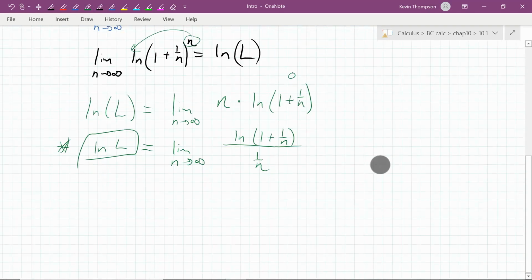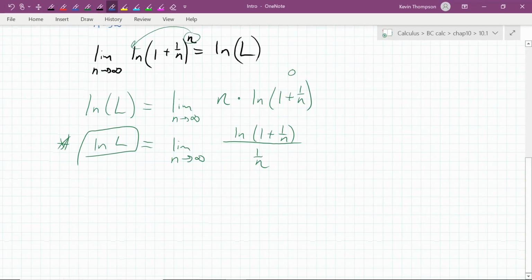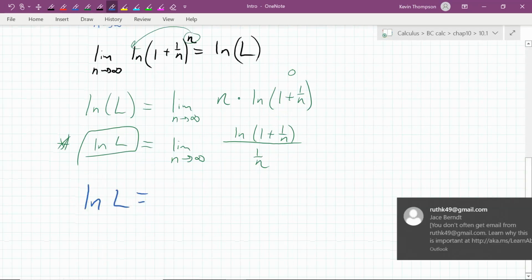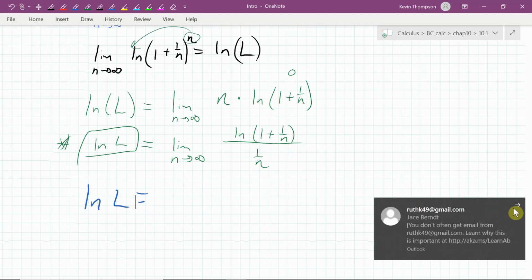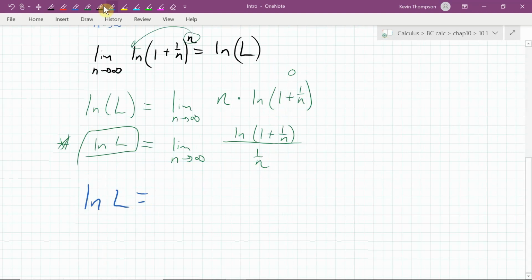Okay, here we go. So, the natural log of L should be 1 over, well, the limit, I should keep my limit. So the limit, n goes to infinity. This should be a 1 over 1 plus 1 over n.